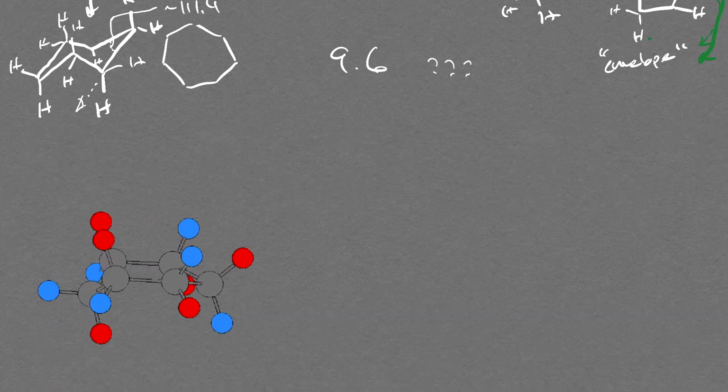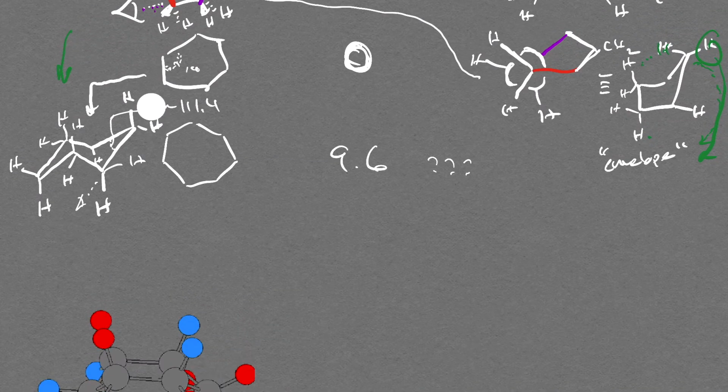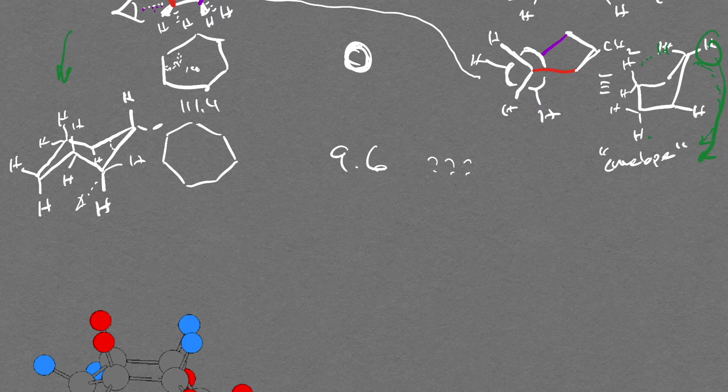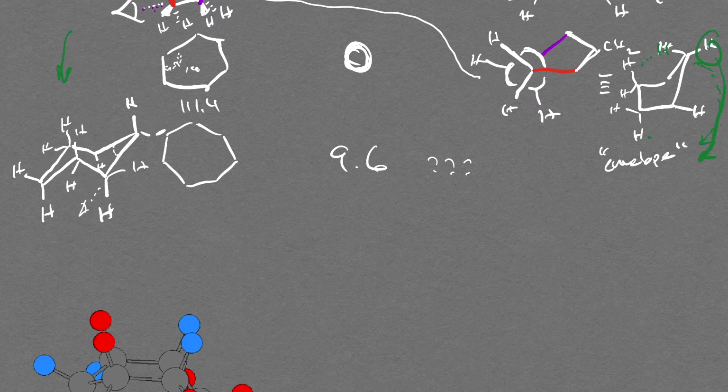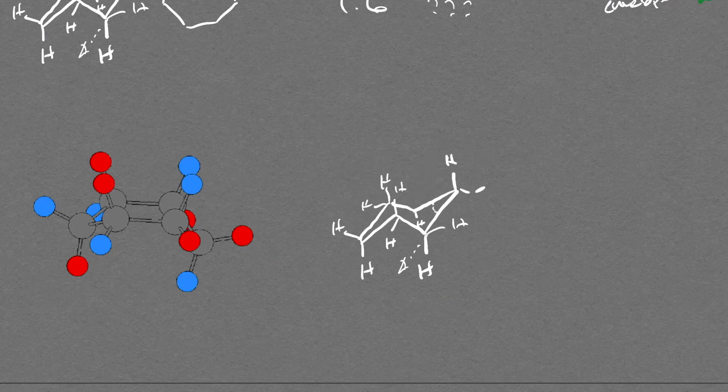In fact, let us take this actually pretty nicely drawn chair configuration of cyclohexane, and copy it, and put it down here, and sort of relate how my drawing relates to this animation right here, so that it helps a bit, hopefully.